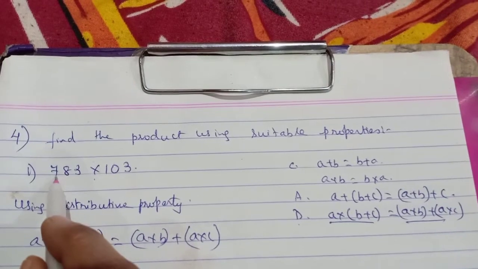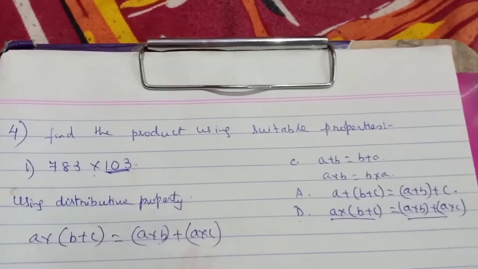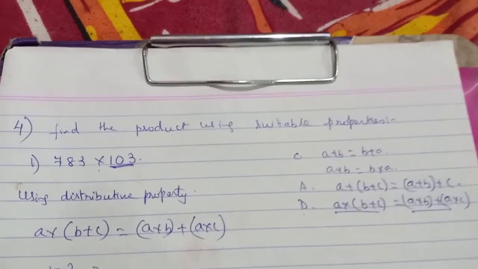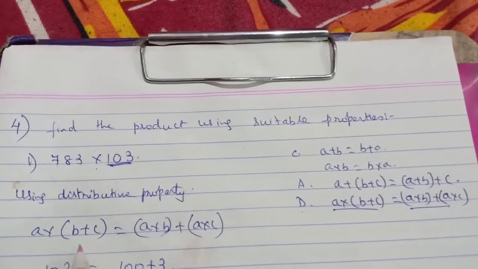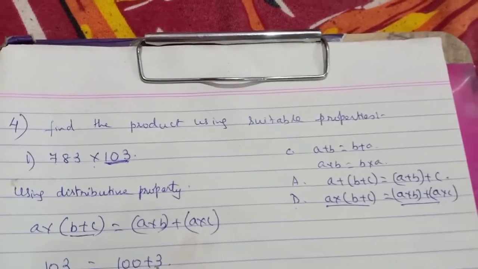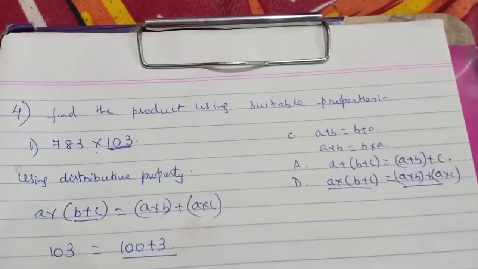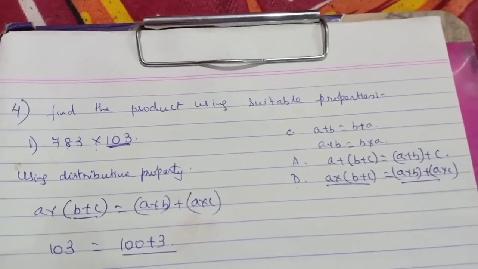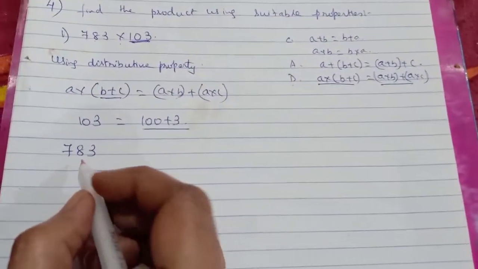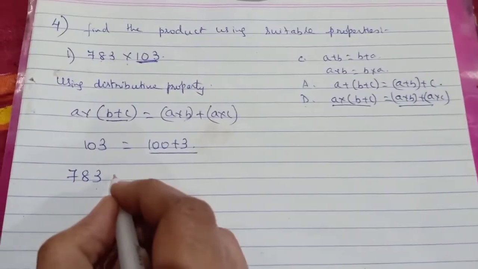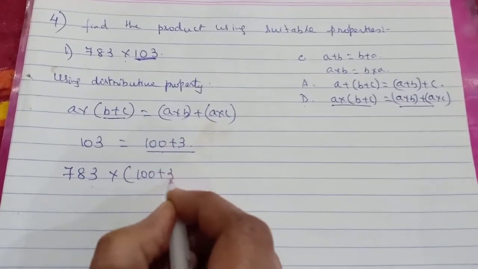From 783 and 103, we can write 103 as 100 plus 3. So in place of b plus c we can write 100 plus 3, and a is 783. So this becomes 783 into 100 plus 3.